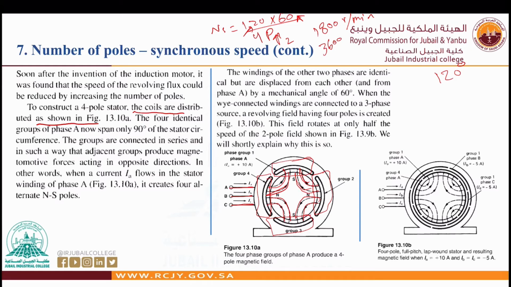This is an electrical angle, so we need to know that the three-phase windings are separated from each other by 120 degrees. But for the mechanical angle, we divide by 2. That's why we have 60, and then 60, and then 60 between each pole. So 60, 120.